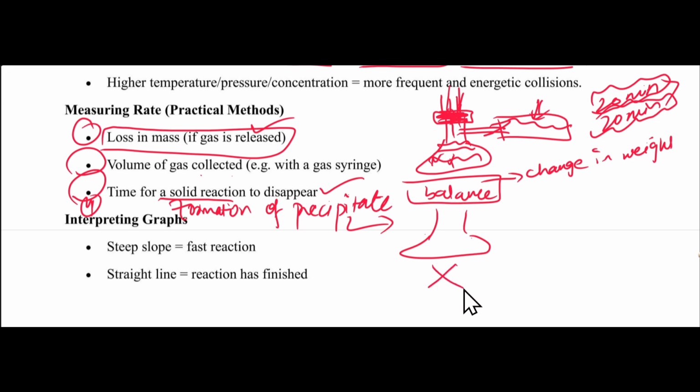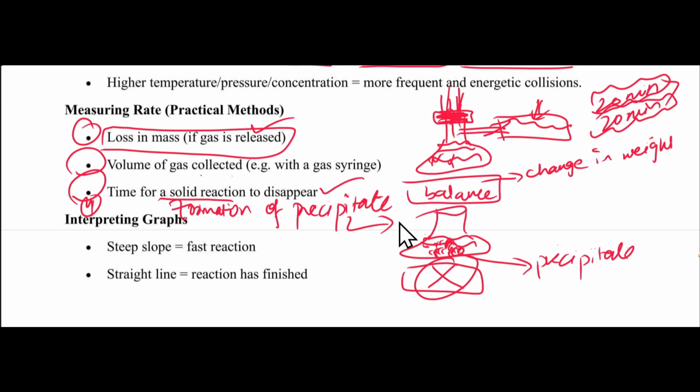For example, you can put a cross here, and then two solutions are mixed together, and a time will come when your product is formed and it has a precipitate. When the precipitate is at the bottom, you will not be able to see this cross. It means your product has been formed and you can measure the rate of the reaction now. So you can use these four methods to measure the rate of reaction practically when you want to do so.